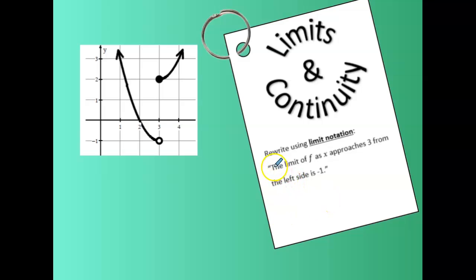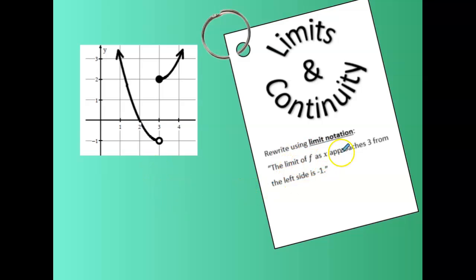So we're asked on the front here to rewrite this statement in limit notation, and the statement reads, the limit of f as x approaches 3 from the left side is -1. So what is a limit? A limit is a y value coming from one direction or another direction or from both directions.